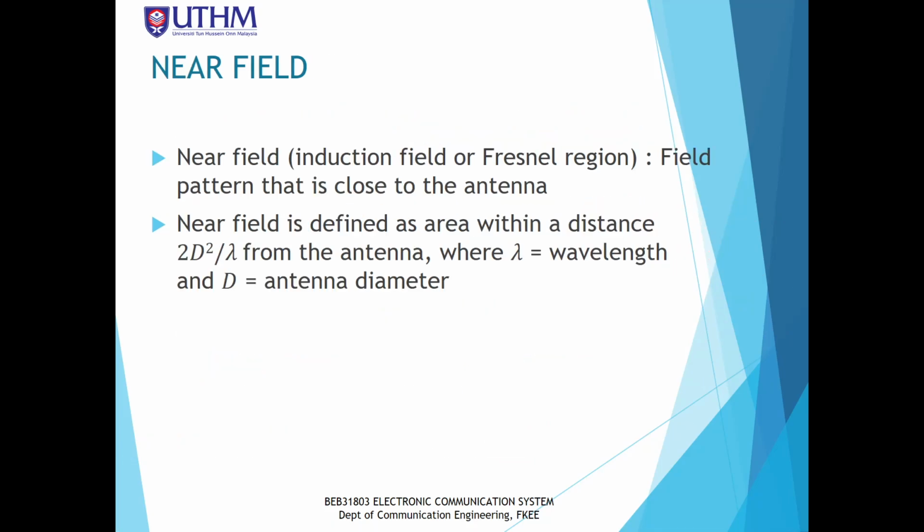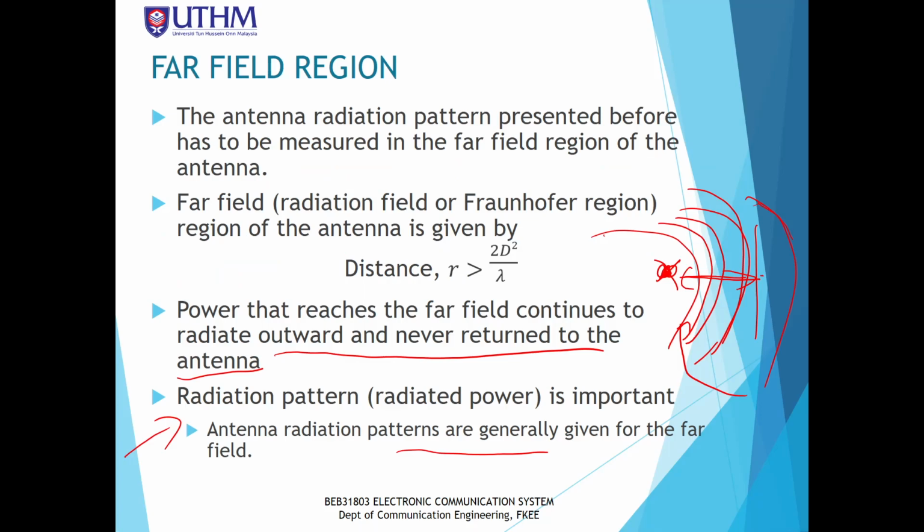So we're going to see later that the far field region, the distance R from the antenna to the point of the far field region, is equal to 2D squared over lambda, where D is the diameter of the antenna and lambda is the panjang gelombang, which is related to the frequency.